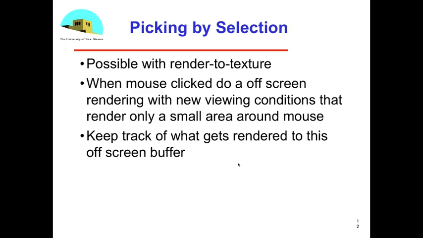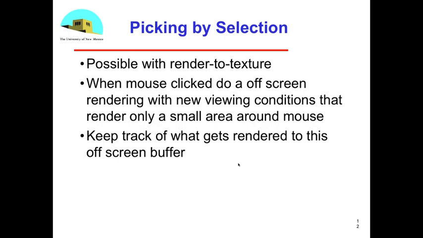So what you're doing here is when you click the mouse, you're going to do a render to texture, but what you're going to do in this case is you're going to change the viewing conditions so that the only area that's actually rendered from the scene is an area that corresponds to the area around the mouse. Then you can check what gets rendered to this little area, and that's essentially your hit list.